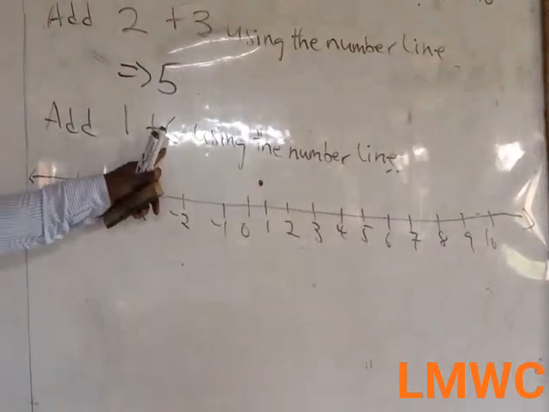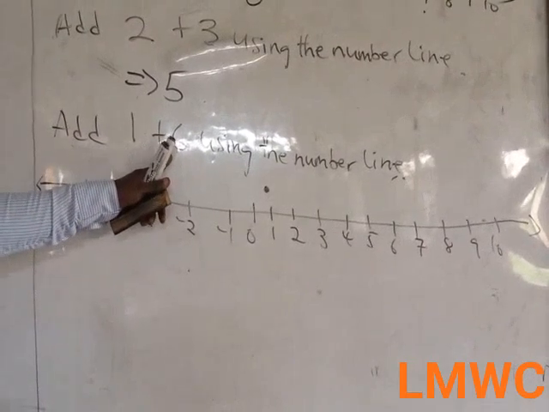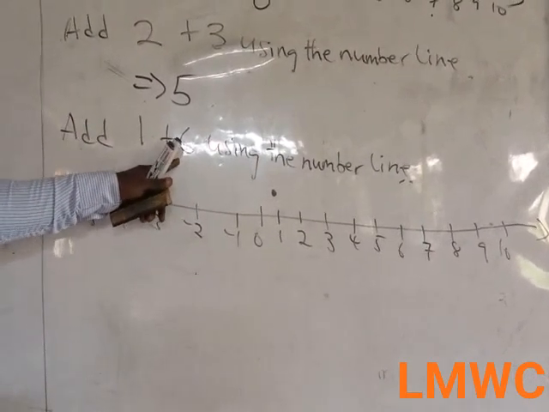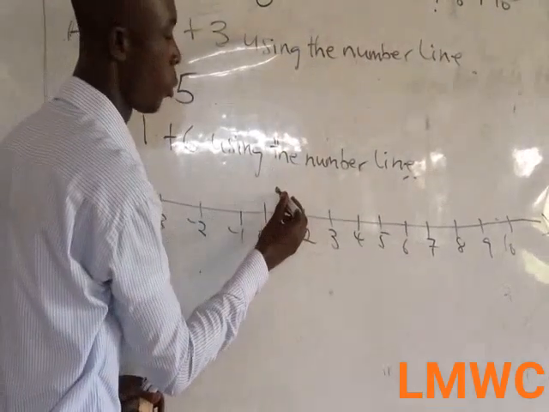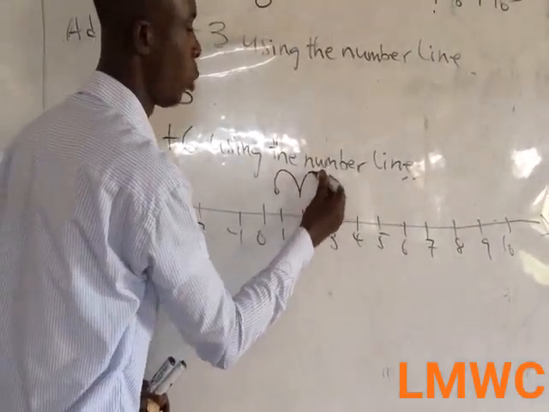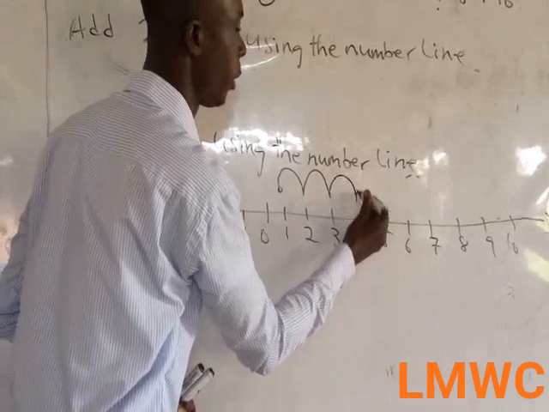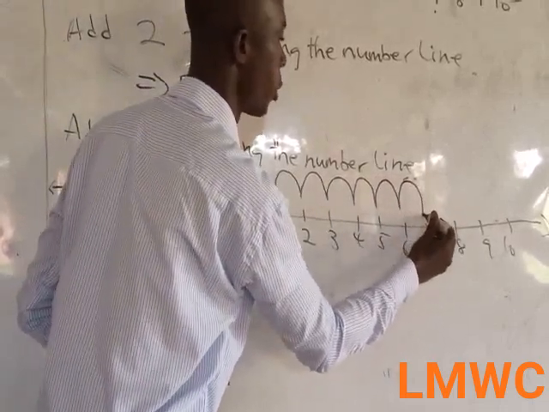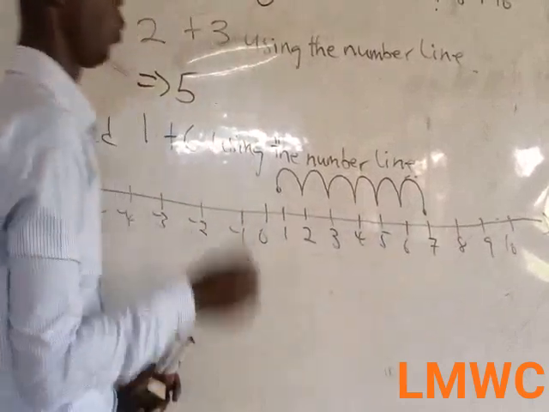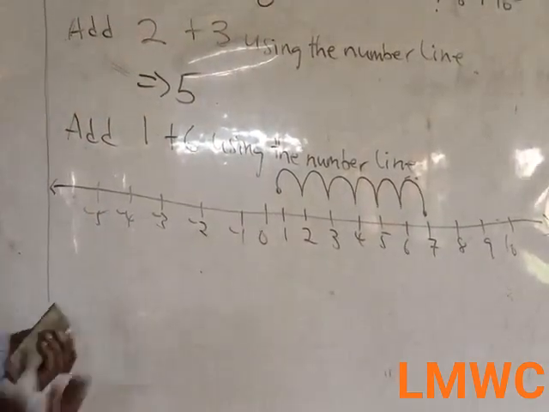What are we adding to 1? We are adding 6. So you count positive values of 6. So 1, 2, 3, 4, 5, 6. So you see we are having 1 plus 6 as what? 7.